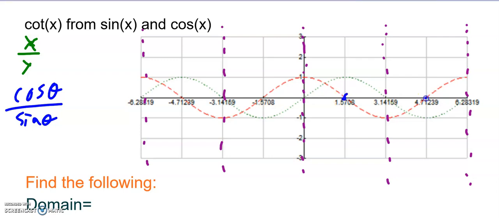So I'm going to have a point here, a point here, a point here, and a point here. Anywhere that sine and cosine are the exact same value, I'm dividing two things that are the same, so that's going to give me a value of 1. Anywhere that they are the same but opposite, so one is positive and one is negative, that's going to give me a value of negative 1.